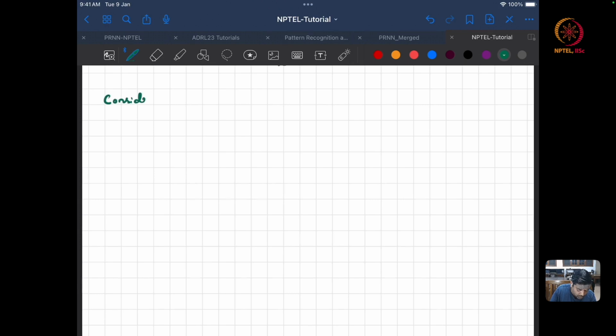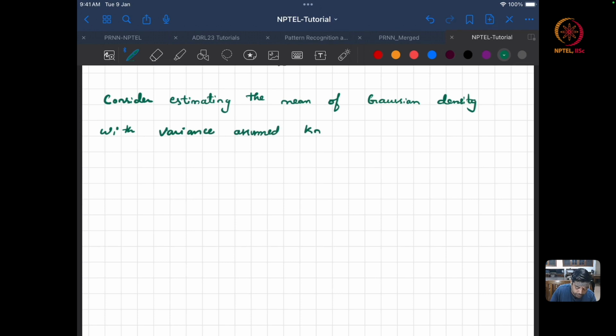So consider estimating the mean of a Gaussian density with variance assumed known. Okay, this is our assumption.